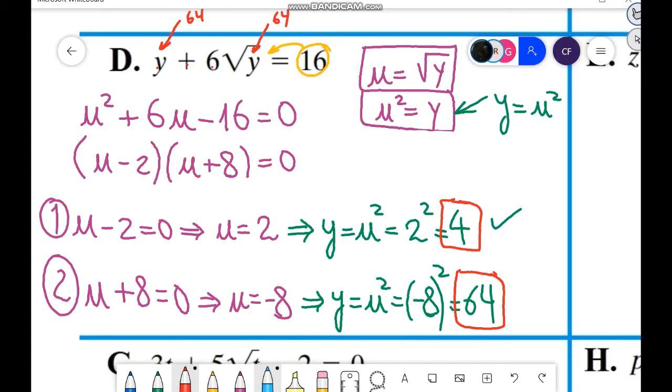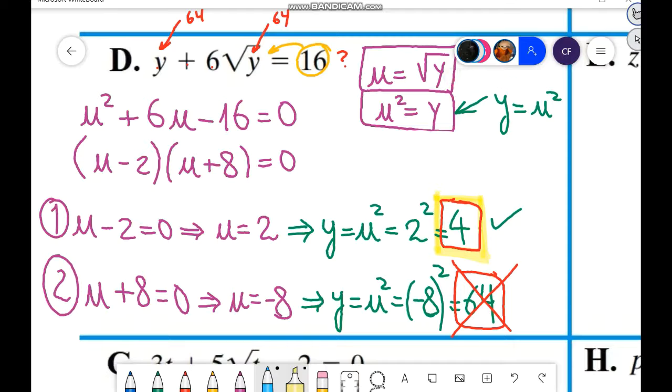Is this equal to 16? No, 64 plus 48 is not 16. So this is not a good solution. Bad solution. And the only solution we have is 4.